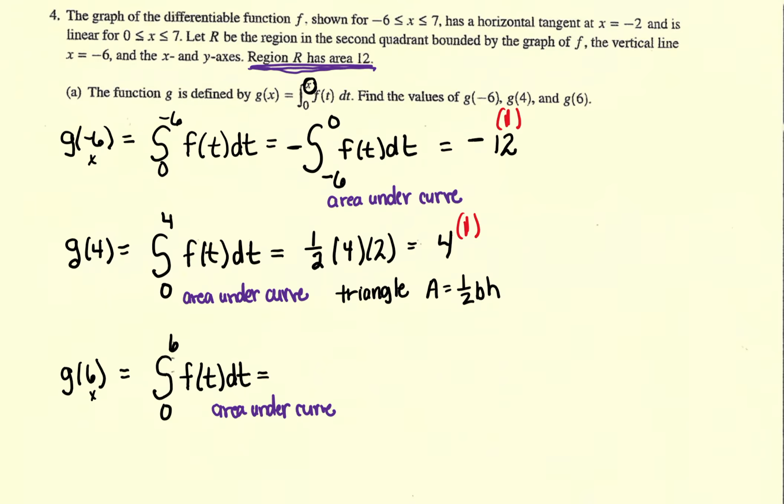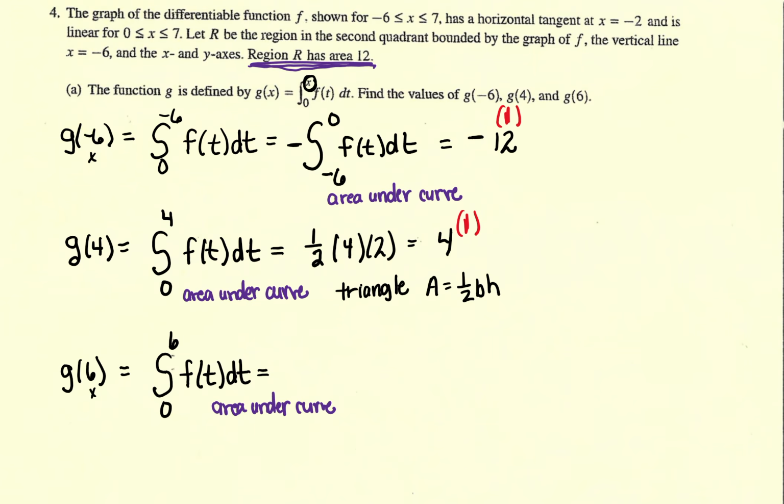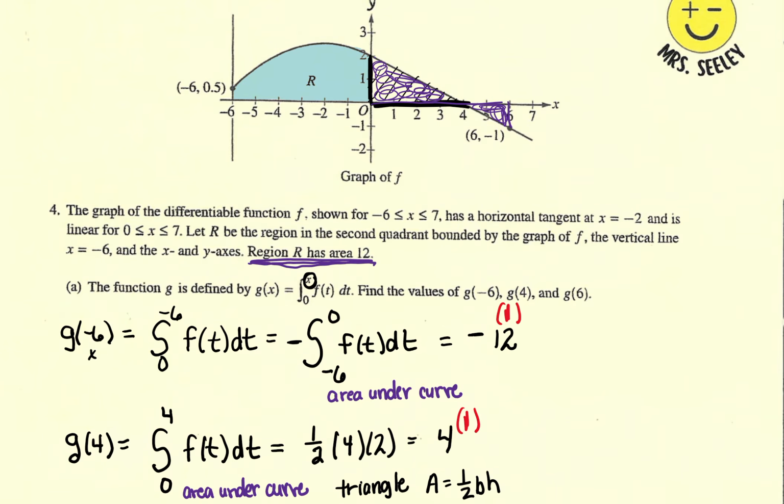So if I do the first one, I've got this triangle right here, the triangle above, and I've got the triangle below. The triangle above, we just did that one, is 1/2 base times height. Because this triangle is below, though, it's going to be negative.